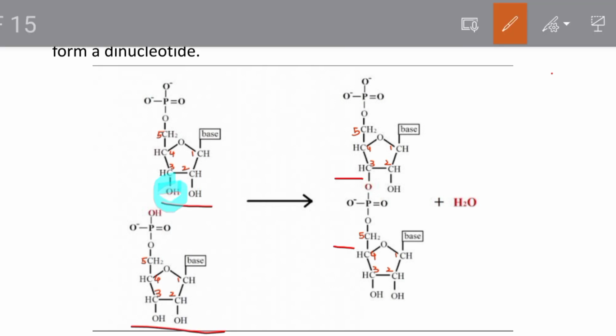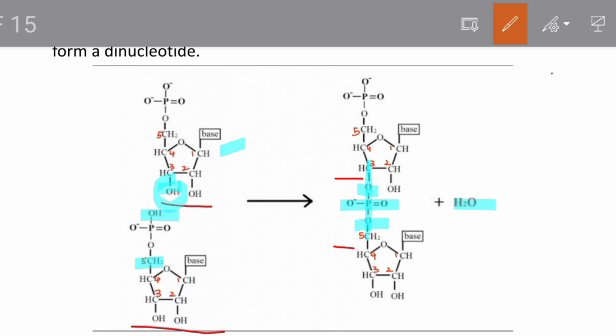OH at third carbon of first nucleotide reacts with phosphate, which is attached to the fifth carbon of the second nucleotide, and water is released and ester bond is formed. Here you can see there is a ester bond, phosphodiester bond.